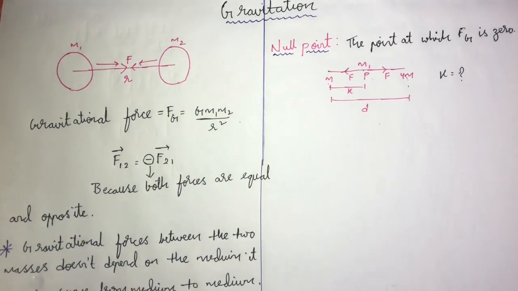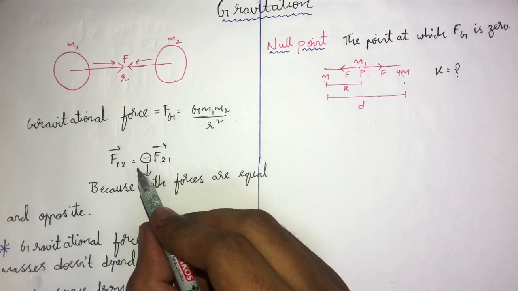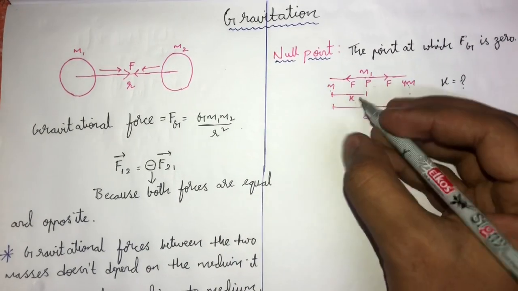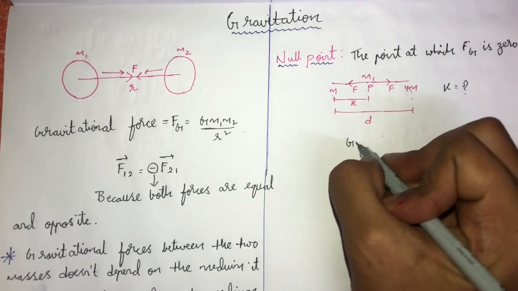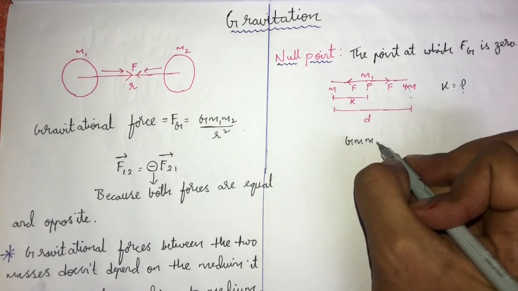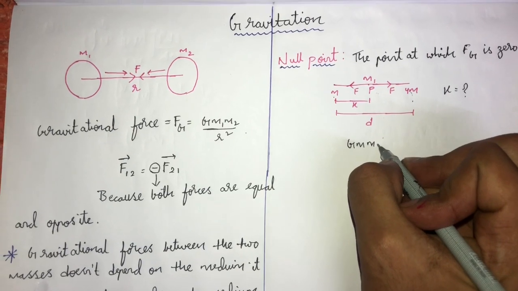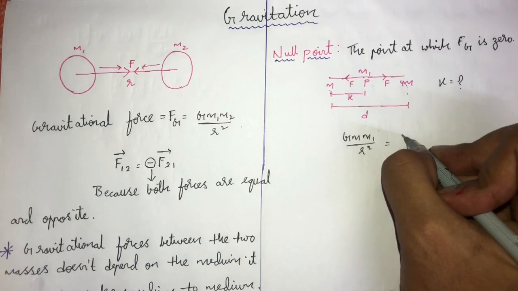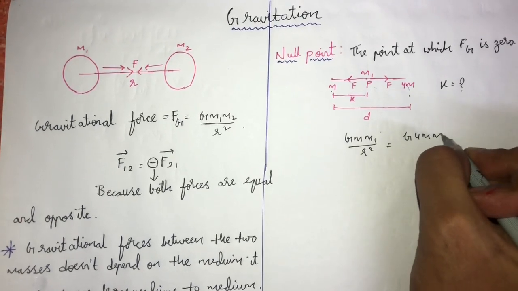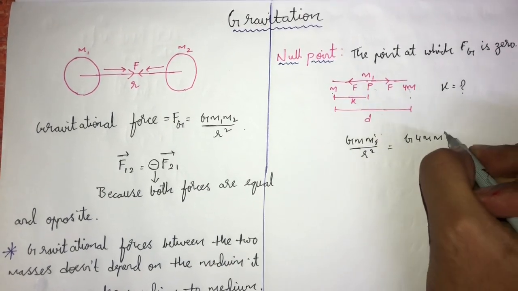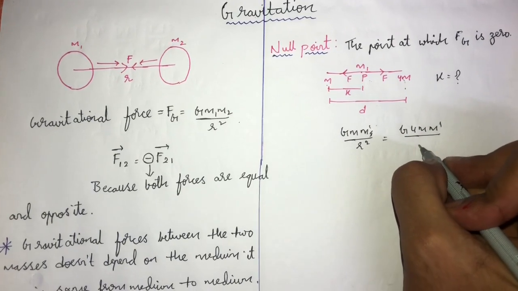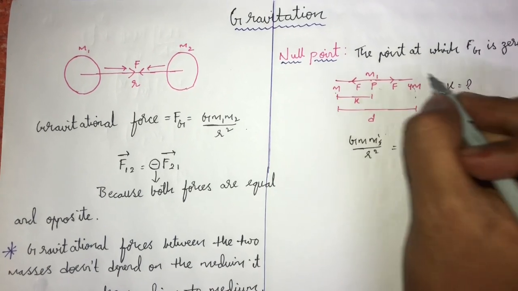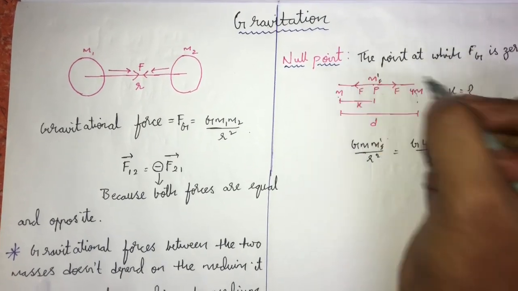Here, as you already learned, the gravitational force between the two masses will always be equal. So G m m dash by r square is equal to G 4m m dash by the distance between the m dash and 4m.